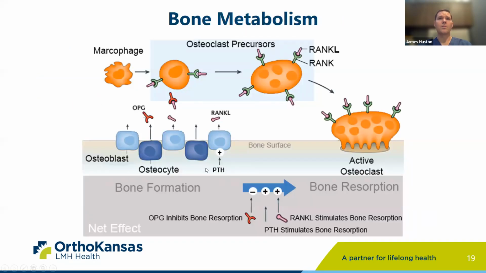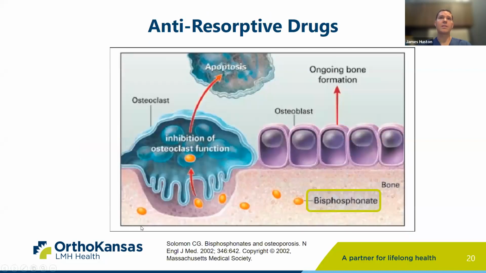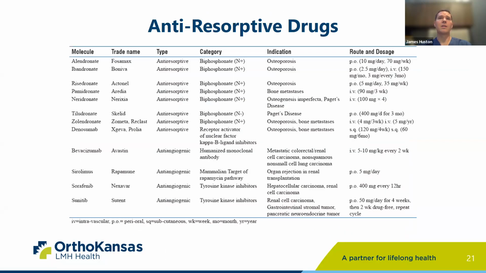So the RANK ligand is involved in encouraging osteoclast production. So if the RANK ligand is inhibited, the osteoclast production decreases and the bone reabsorption decreases. So same end result, different pathway to get there.